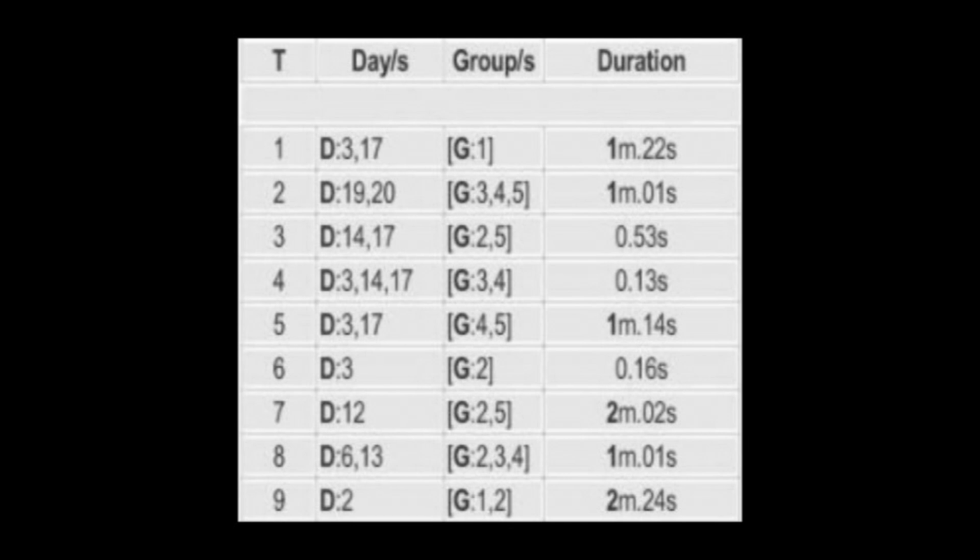What I observed was that on days 3, 17, 6 and 13, this included various groups presenting moderate to high densities in kinetic flow disturbances, which are most prominent.